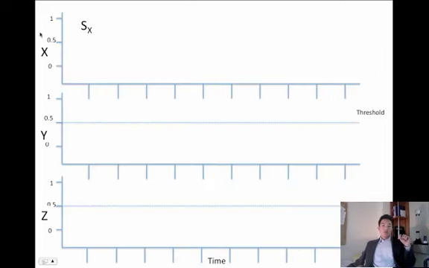Now this is your X, your first transcription activator, your second activator, and your third activator. And these dashed lines show your threshold value. Now when signal X comes, let's just note that this is a really short signal.